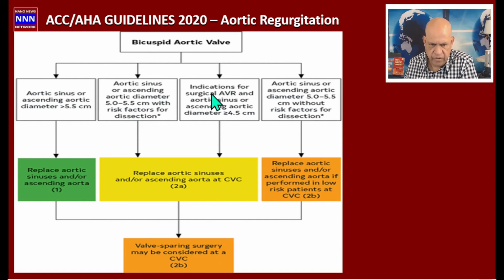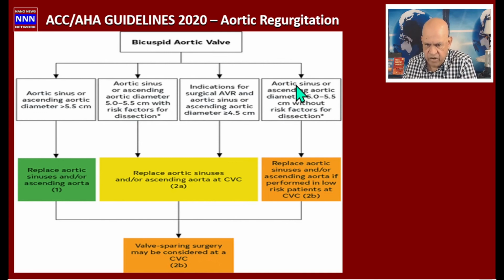Indications for surgical aortic valve replacement: aortic sinus and ascending aorta diameter greater than 4.5 centimeters. If you are dealing with an aortic valve problem and you decide to do an aortic valve replacement, if the aortic diameter is greater than 4.5 centimeters, then replacing the ascending aorta would be an important step in these patients.